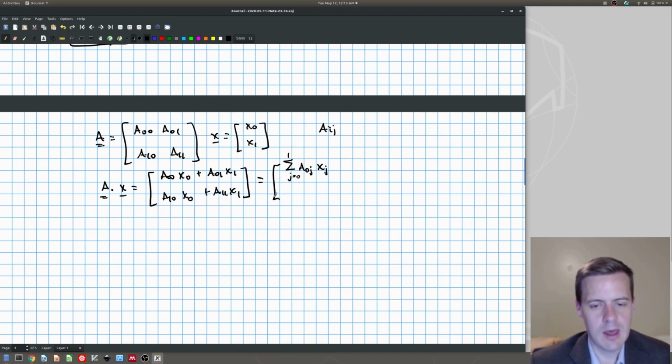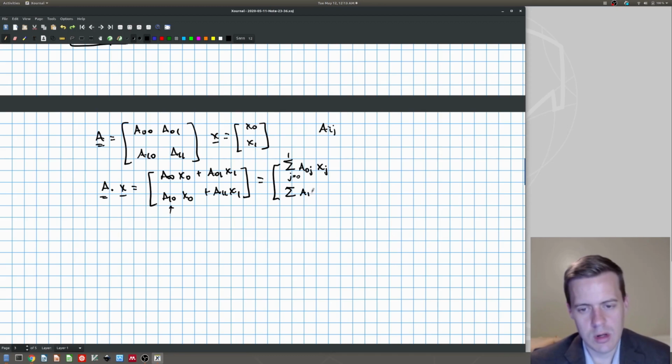I can do the same thing down here, except instead of the 0, this first one right there is a 1. So this is a1j and xj, again summing over j from 0 to 1. If you can read that, hopefully it's not too small. So now I have a 1 in front.